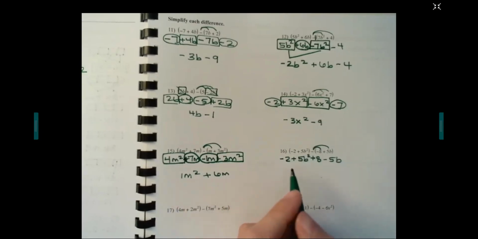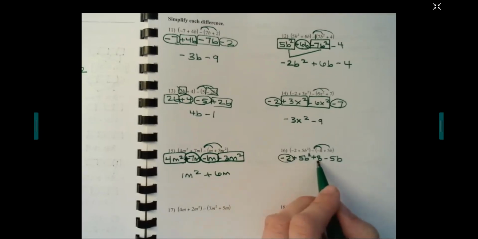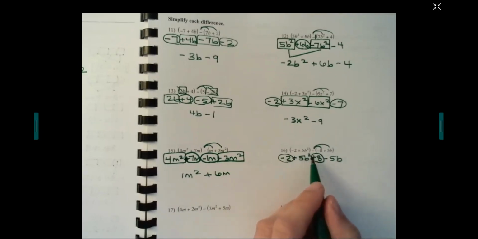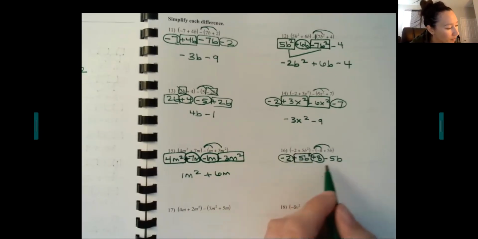Then I circled negative 2 and then the 8, positive 8. Good. And then I squared 5b to the second power. My bad. Okay. And then I squared the other 5b.